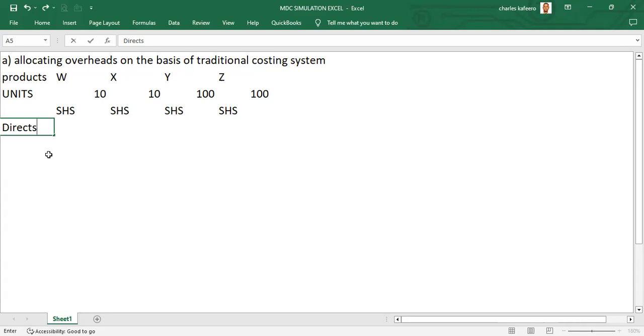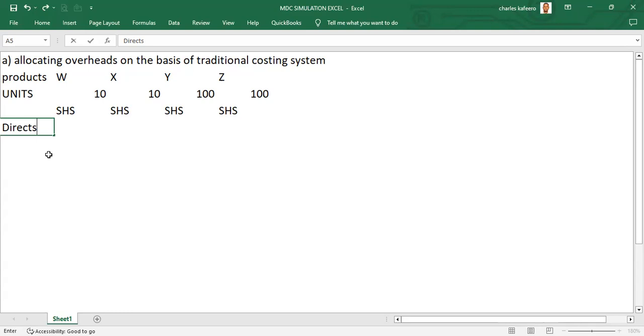The cost they have given us is the material cost per unit. Since we are not computing for only 1 unit, we have to compute each product, multiplying by the number of units to get the total material cost that was spent on each product.